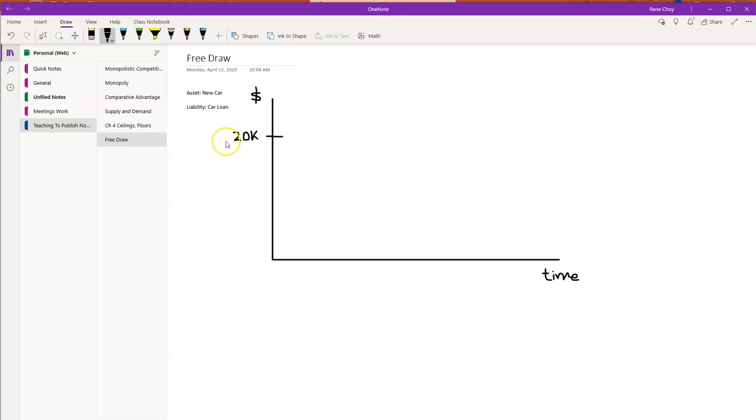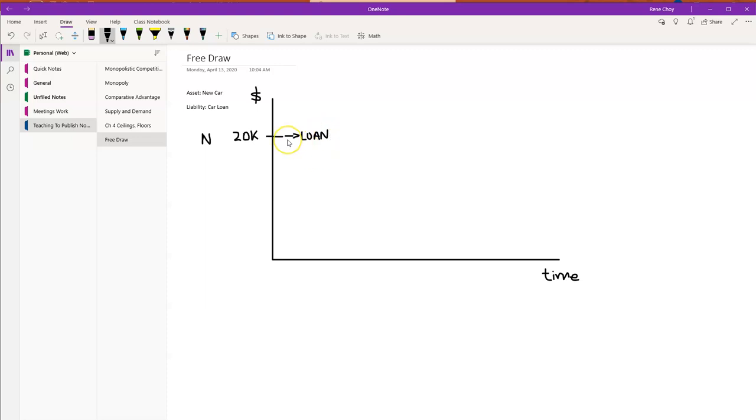Let's say that it was new. Okay? So if you buy a brand new $20,000 car, that is going to be the asset, and that's going to be the amount on the loan. Again, unless you put a down payment. But this will be the amount that you put on the loan.